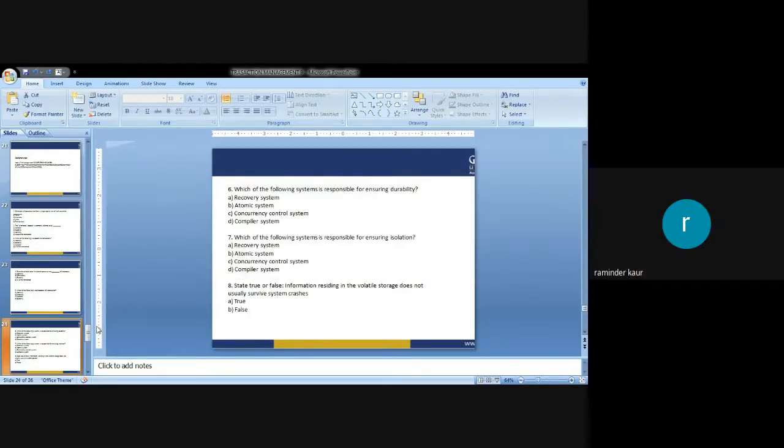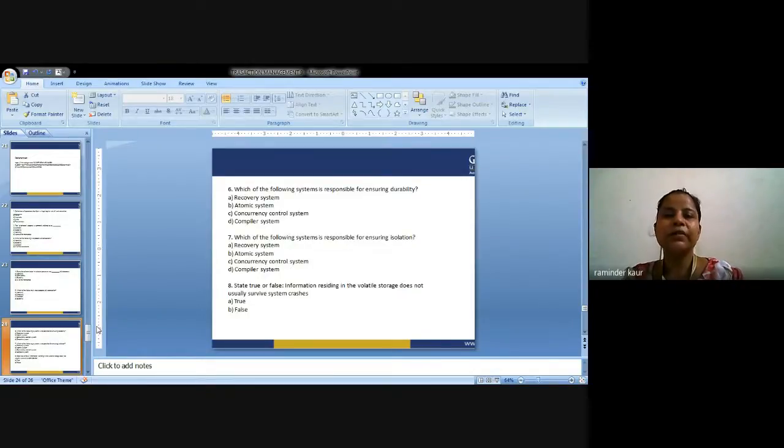Next: which of the following systems is responsible for ensuring durability? Recovery system, atomic system, concurrency control system, compiler system. Next: which of the following systems is responsible for ensuring isolation? Recovery system, atomic system, concurrency control system, compiler system.